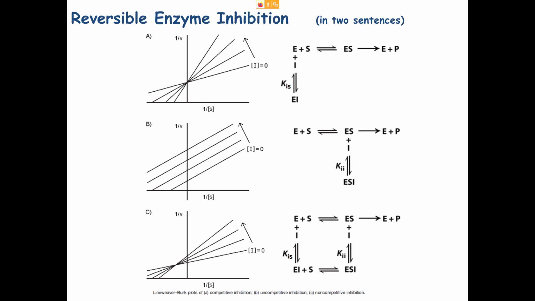We're looking at the schemes on the right, not the graphs anymore. What does competitive at the top and non-competitive at the bottom have in common that the second one, uncompetitive, most certainly does not? We're not looking at the graphs. We're looking at the schemes on the right, with the ES and E plus S and so forth.